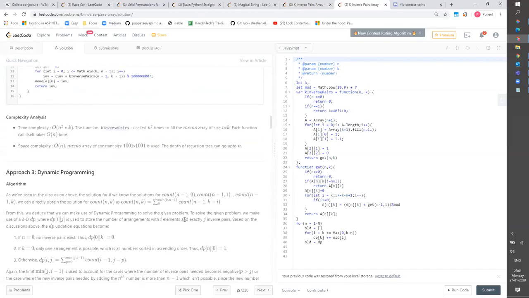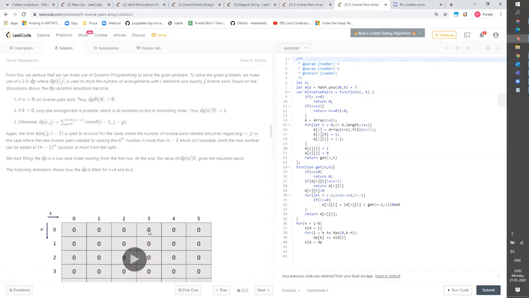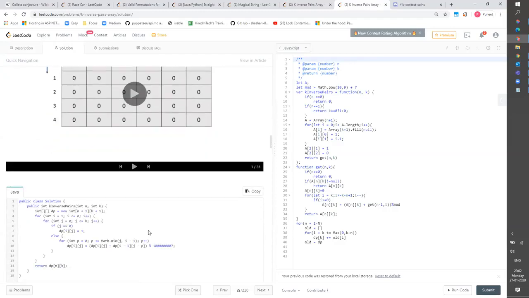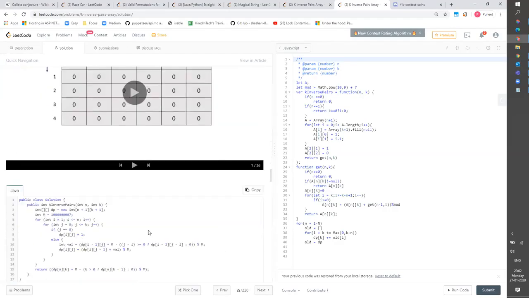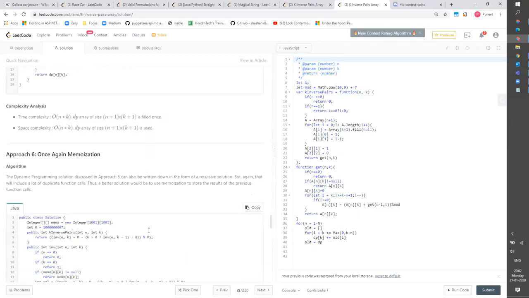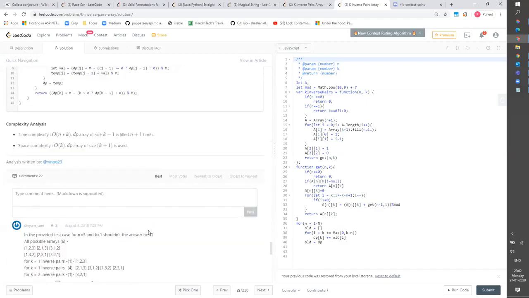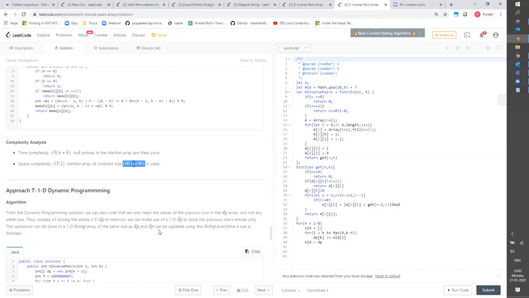Dynamic programming. There are like 4 or 5 approaches for this, or 6, 7. I think this is the question where you can find all the dynamic programming approaches.